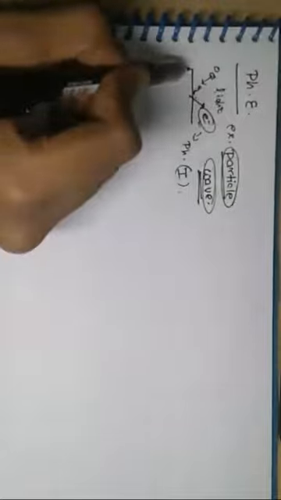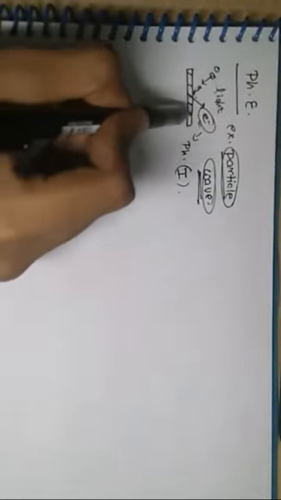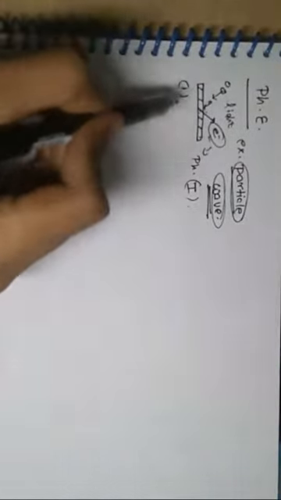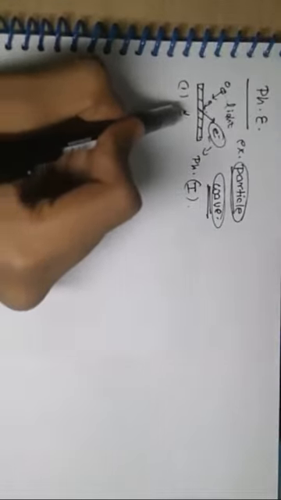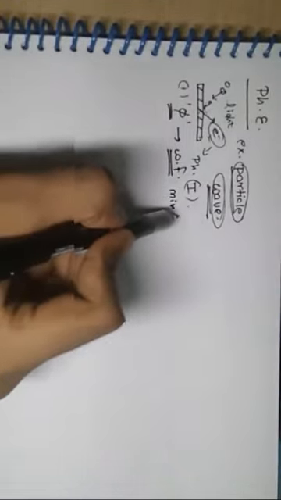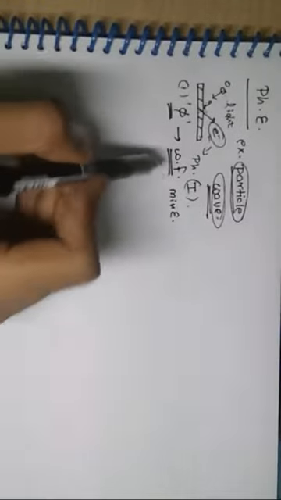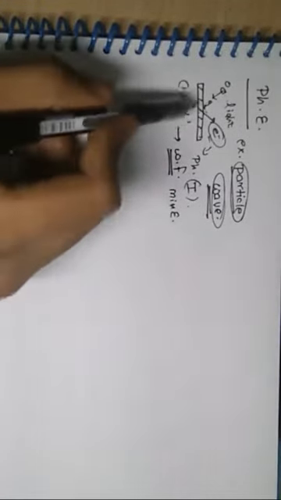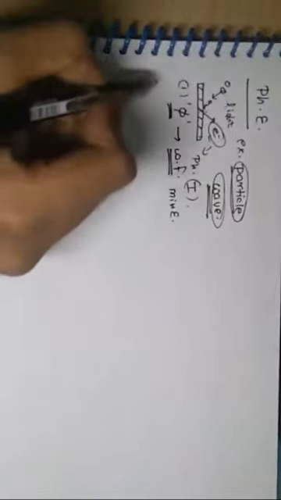Now, to understand this phenomenon, first I would like to tell you about some terms. First of all, work function. The work function is the minimum energy required to eject an electron from the metal surface.